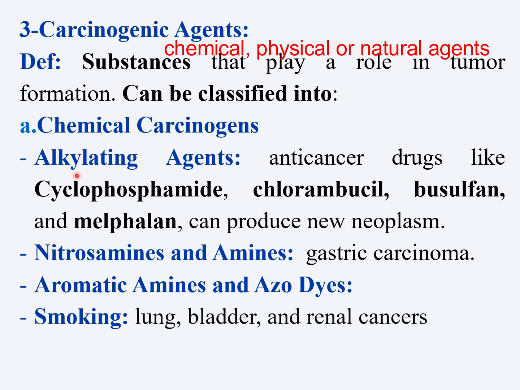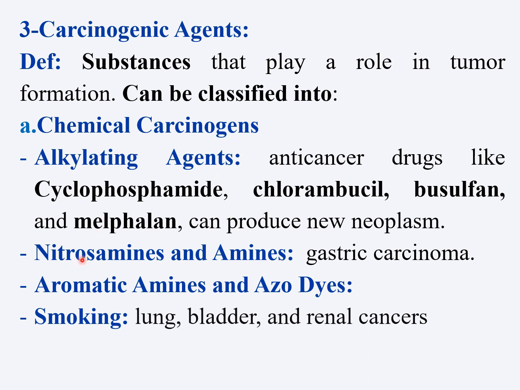As you see here, we have drugs like alkylating agents. These are anti-cancer drugs like cyclophosphamide, chloramphenicol, busulfan, melphalan, and others. These can result in new neoplasm formation in the patients who are taking them.